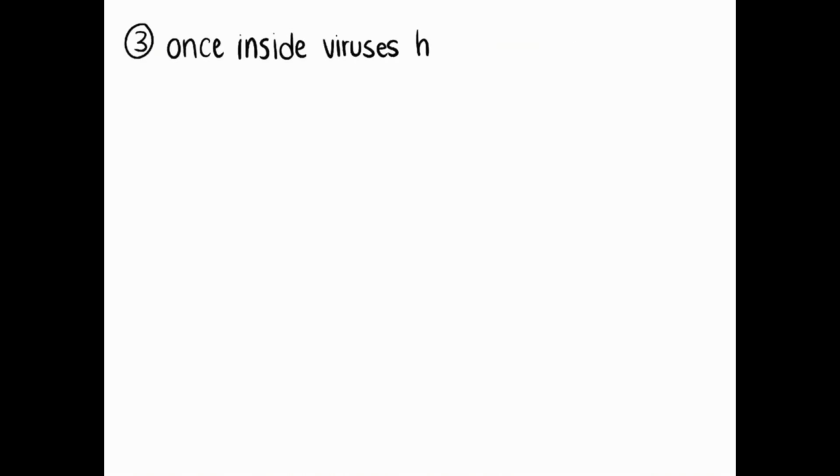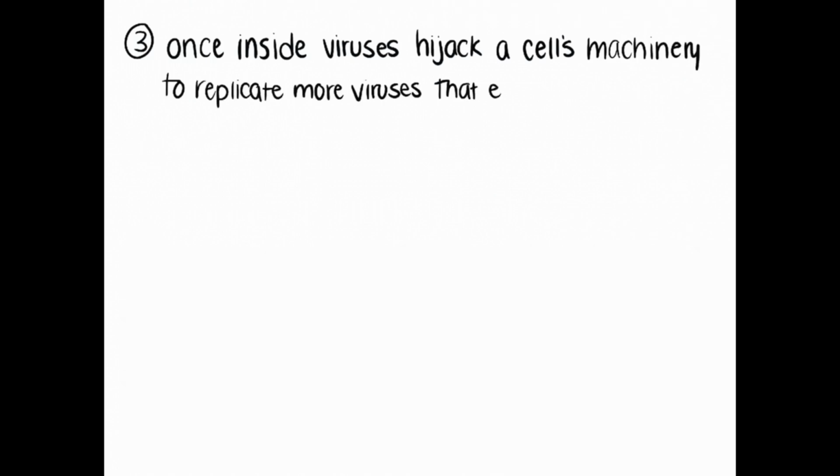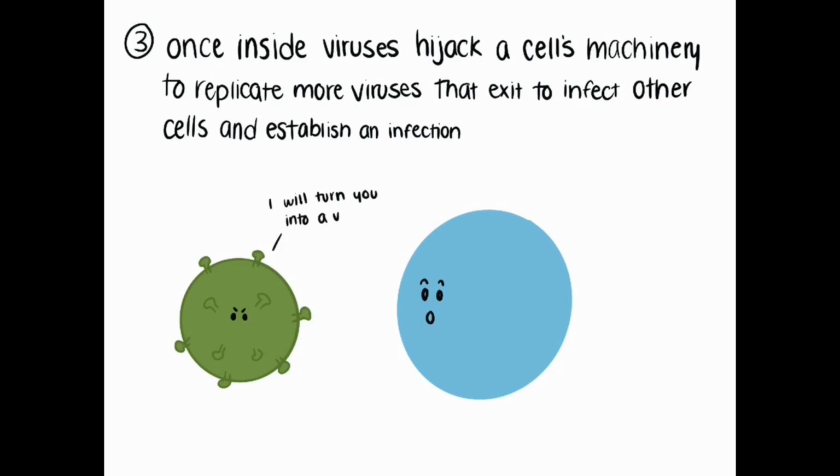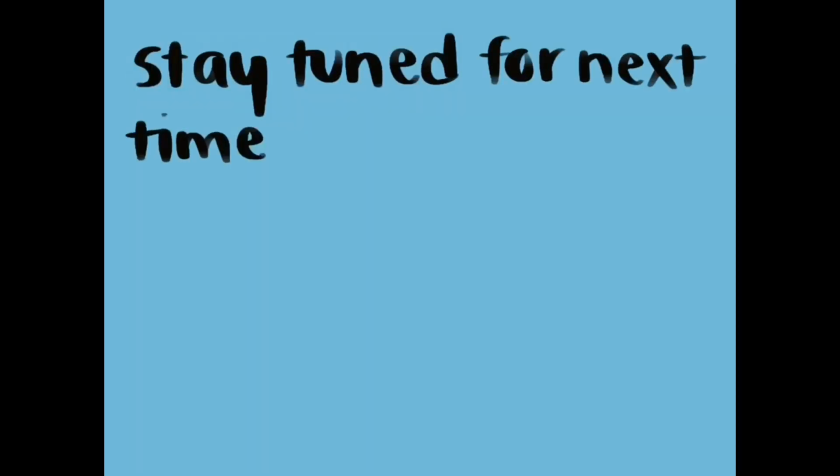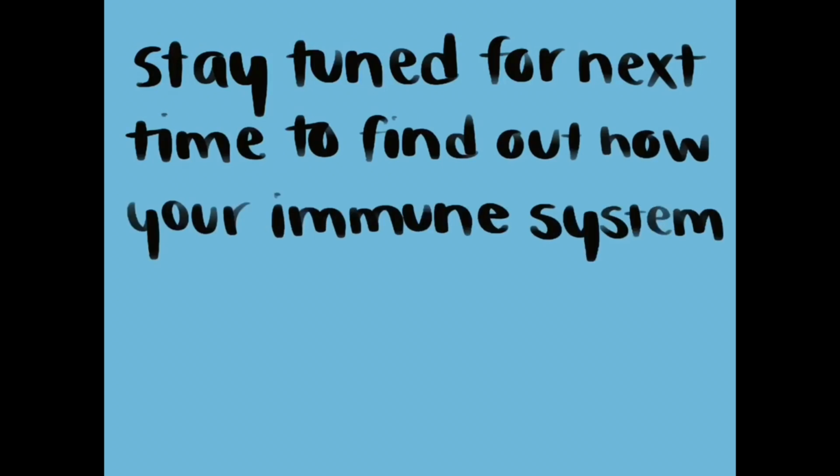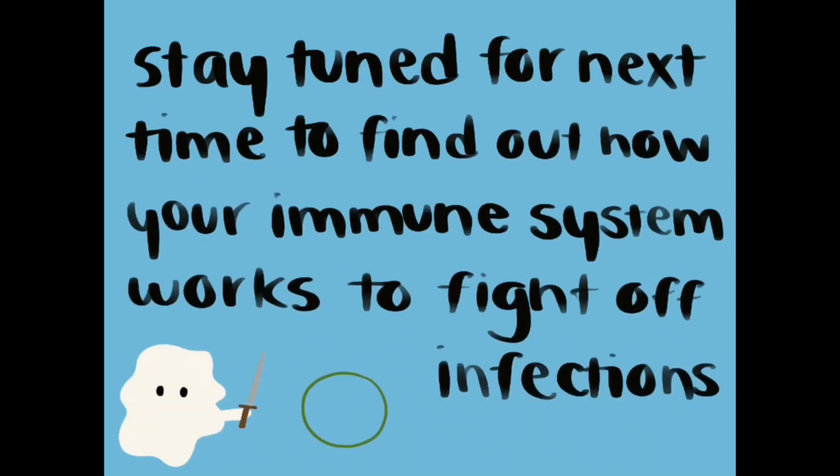Once inside, viruses hijack a cell's machinery to replicate more viruses that exit to infect other cells and establish an infection. Stay tuned next time to find out how your immune system works to fight off infections.